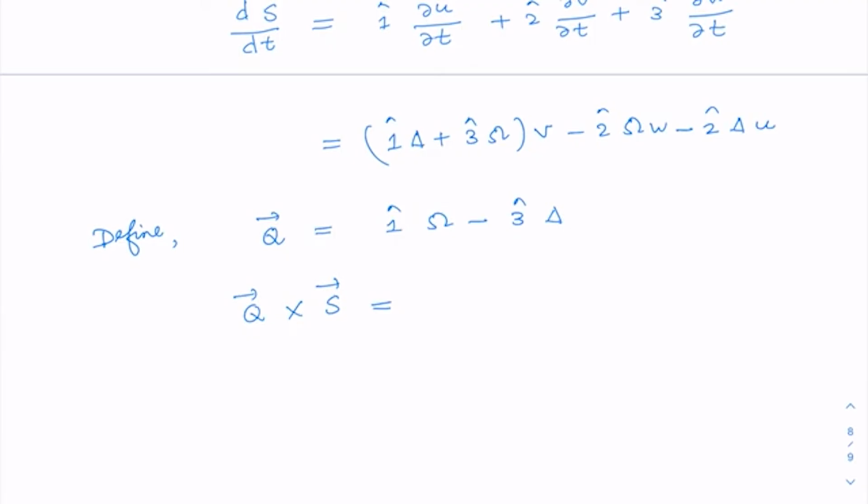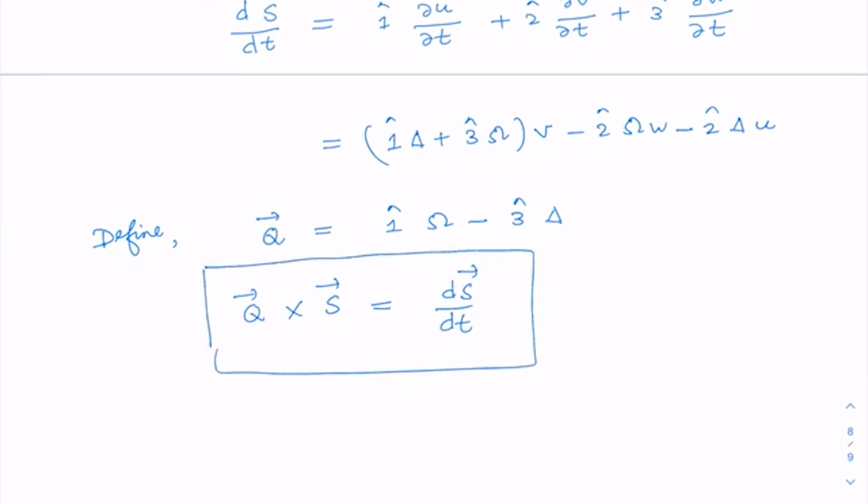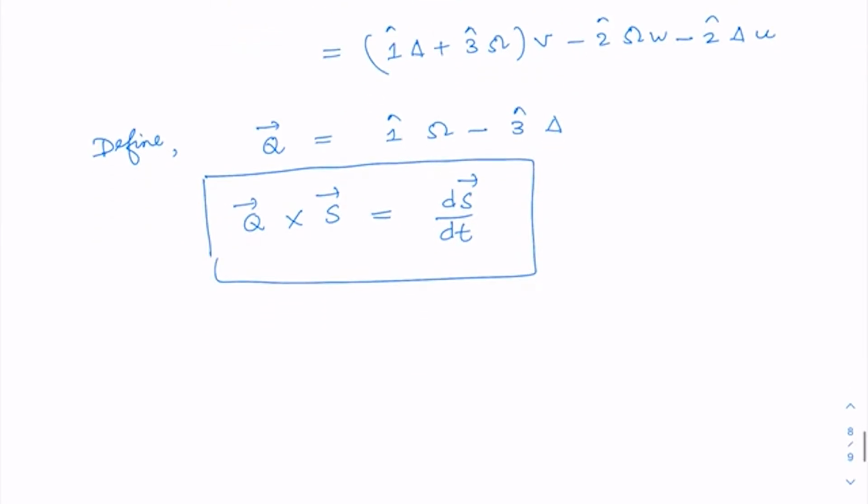You will be able to show that this would be exactly equal to ds dt. All right, so again, immediately you see that ds dt is equal to q cross s.